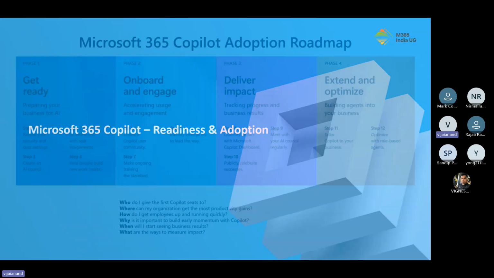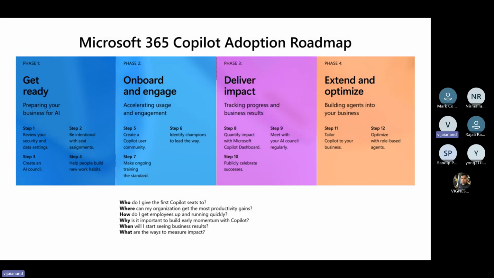So Microsoft has introduced something called the Microsoft 365 Copilot Adoption Playbook, and this playbook consists of step-by-step instructions, like an implementation guide, especially for business leaders or administrators to drive the Copilot adoption.